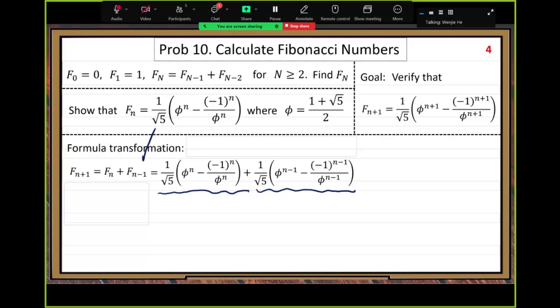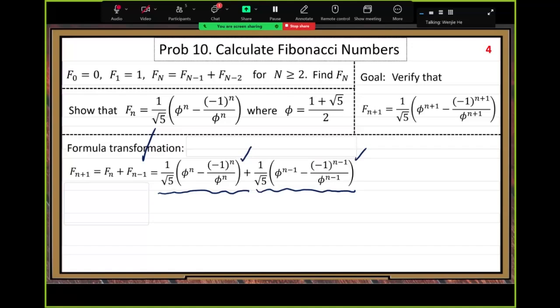Why? Let me explain why we can use these two expressions. Let me show you why it's legal to use these two expressions.